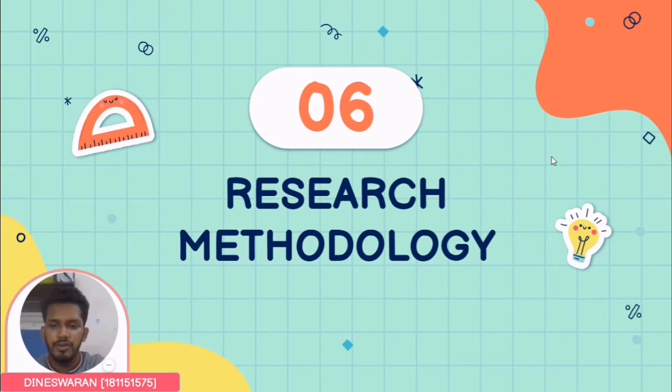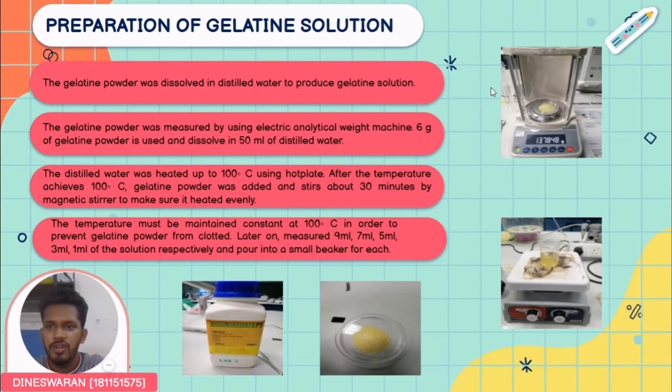Next we are going to see the research methodology. For the first part, I was preparing the gelatin solution. The first step is the gelatin powder was dissolved in distilled water to produce gelatin solution. The gelatin powder was measured using an electronic analytical weighing machine. 6 gram of gelatin powder is dissolved in 50 milliliter of distilled water. The distilled water was heated up to 100 degrees Celsius using a hot plate.